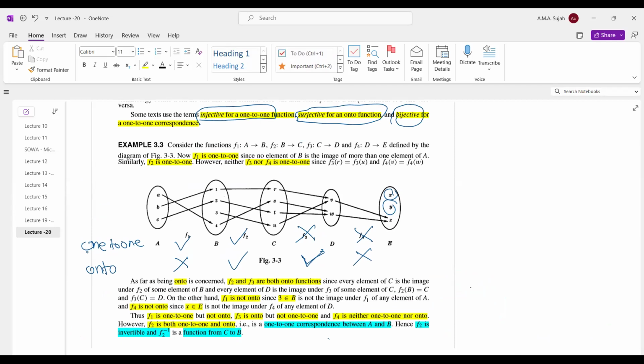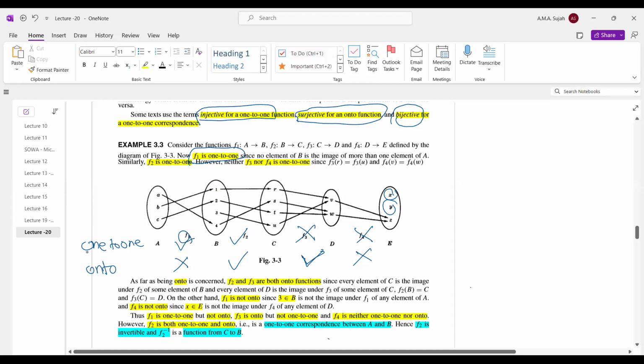Okay, just look here. F1 is a one-to-one function, right? Our answer is correct. F1 is one-to-one. Why are they telling F1 is one-to-one? No element of B is the image of more than one element of A, right? So in B, we have considered the image of function F. There are no two elements of A that have the same image.